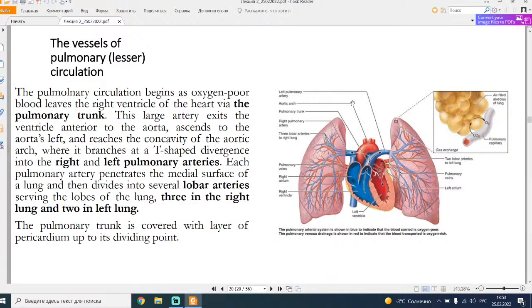The vessels of pulmonary circulation. The pulmonary circulation begins as oxygen-poor blood leaves the right ventricle of the heart via the pulmonary trunk.